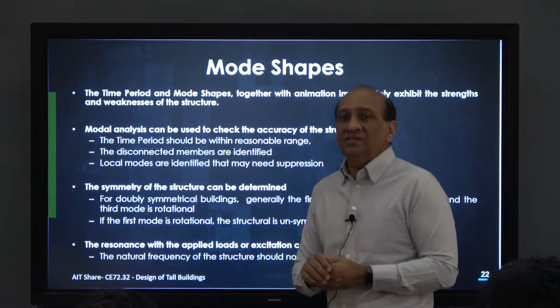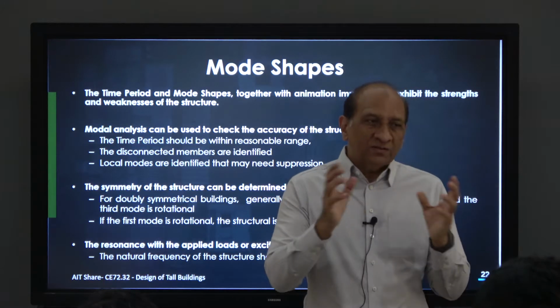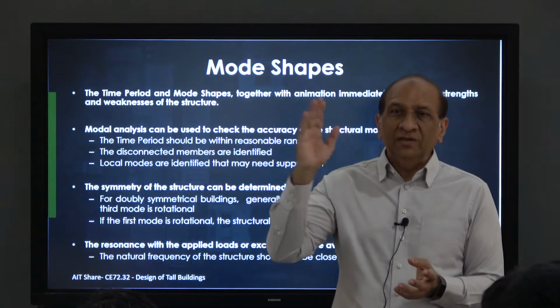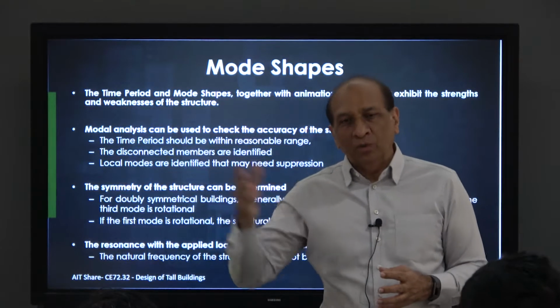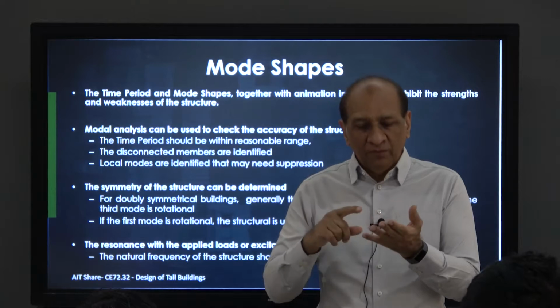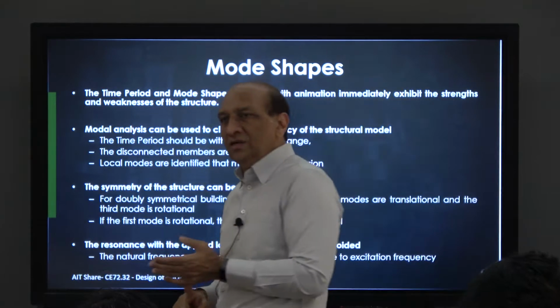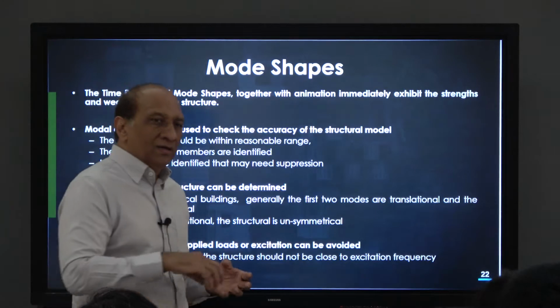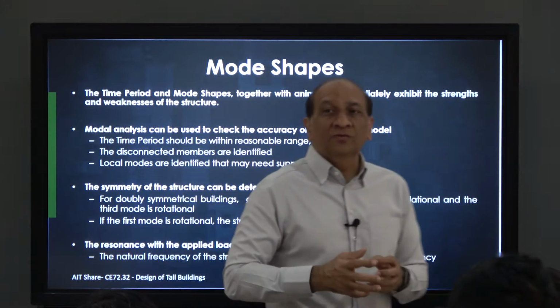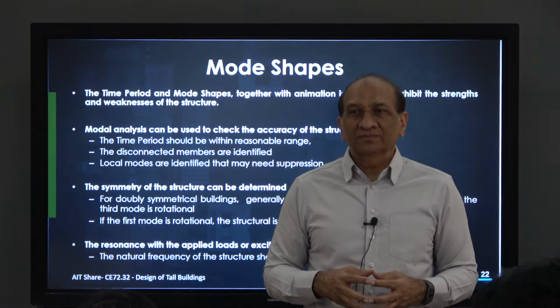Second thing is, how is it deforming? So that's number one. How is that particular mode, how is the structure deforming in that mode? That will give you information about whether the structure is symmetrical or not symmetrical, whether it's eccentric or not eccentric. It will then start giving you more information about the structure, right?